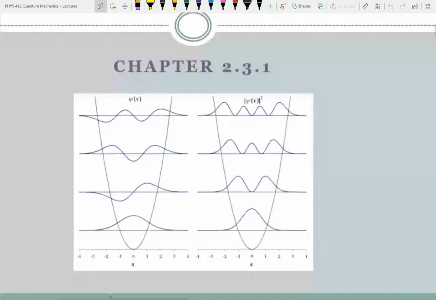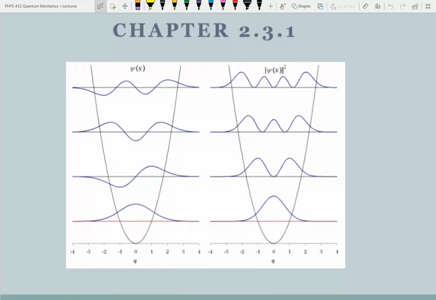This picture here is a picture showing the wave function and the psi mod squared for the simple harmonic oscillator. It looks quite similar really to what we saw for the particle in a box. The difference, of course, is a particle in a box has a firm wall rather than a wall that's changing.